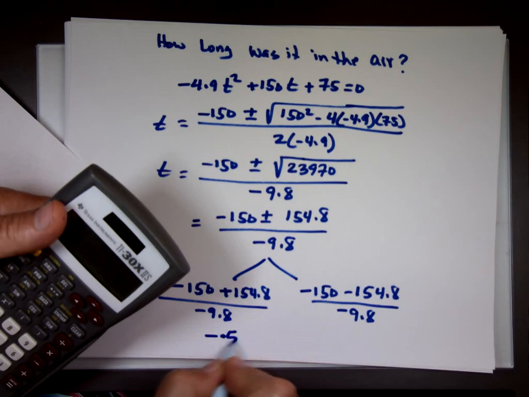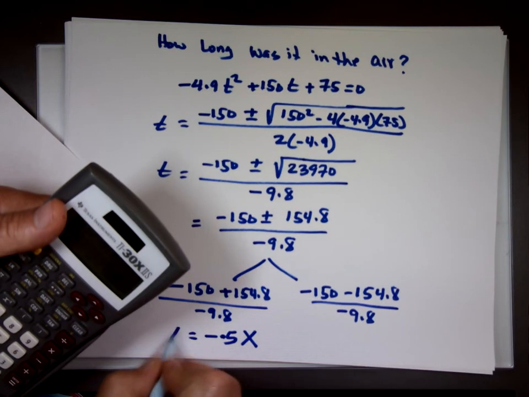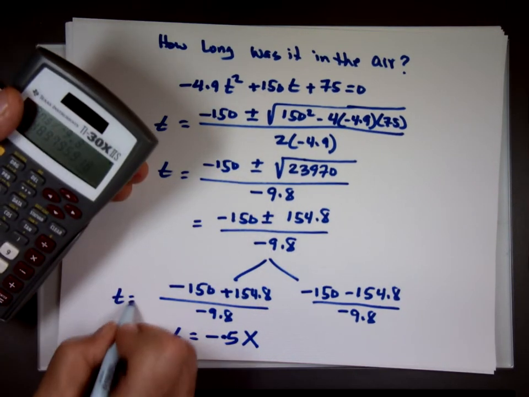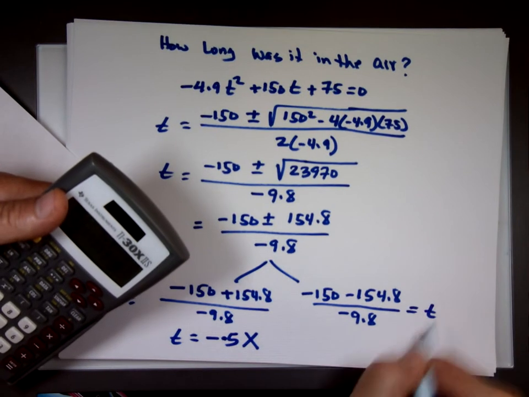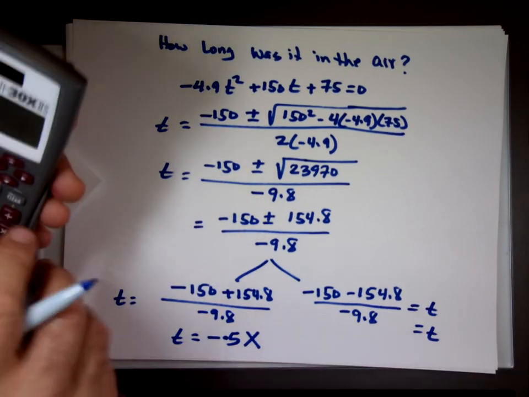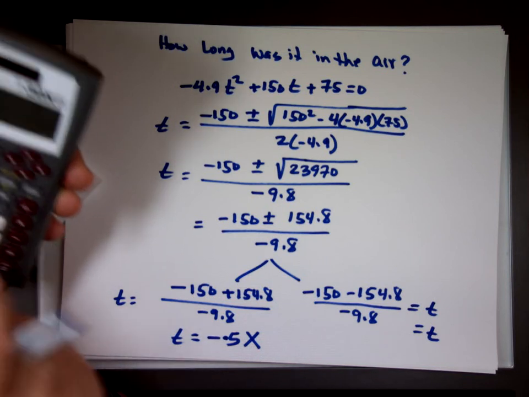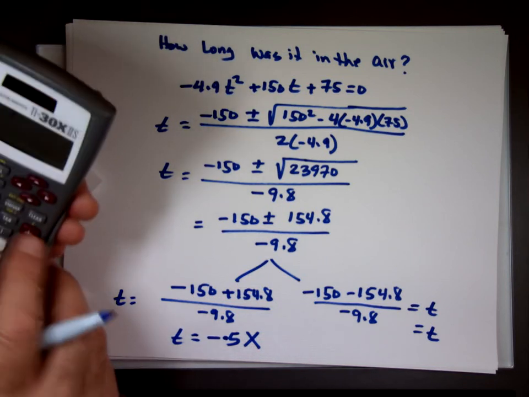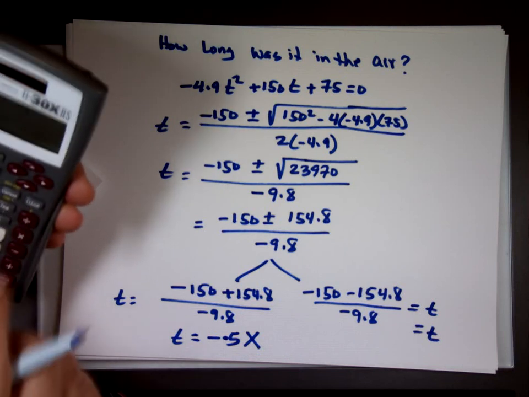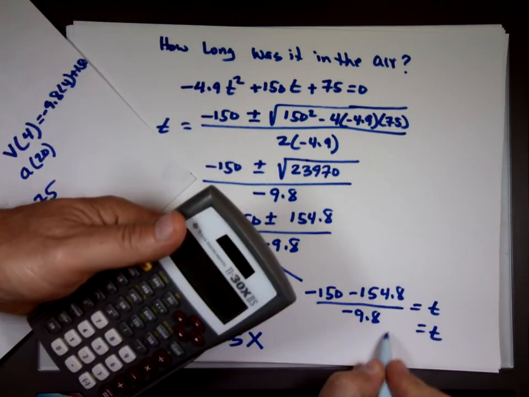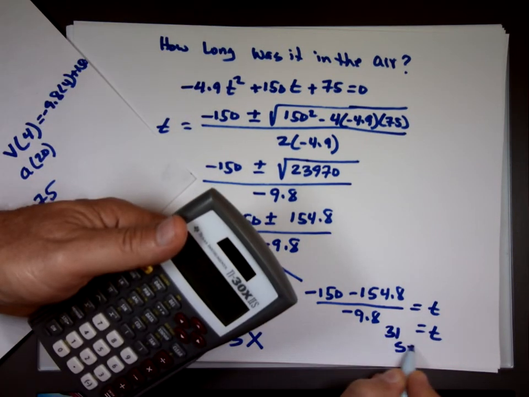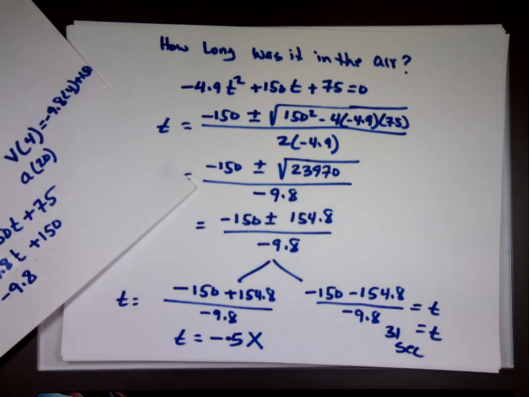Time can't be negative. This one, the time is going to be what? 31 seconds. So we're good. The ball was in the air for 31 seconds.